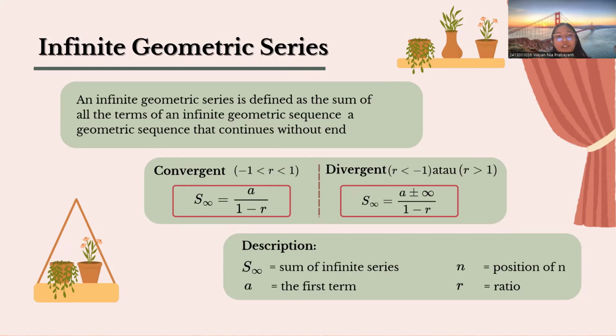An infinite geometric series is defined as the sum of all terms of an infinite geometric sequence that continues without end. In other words, instead of stopping at n terms, what if we keep adding the terms forever? Can the sum ever reach a specific finite value, or will it be infinity?